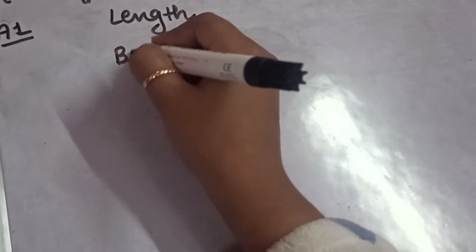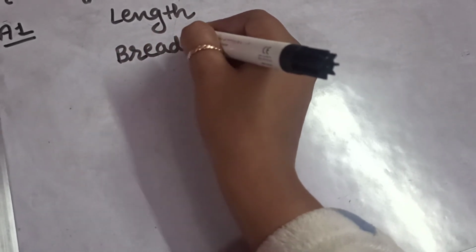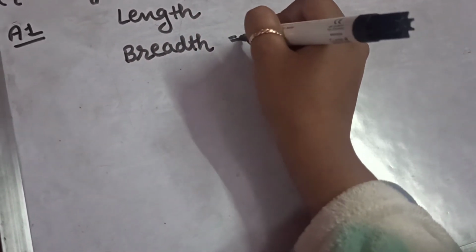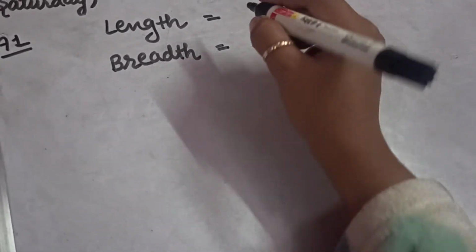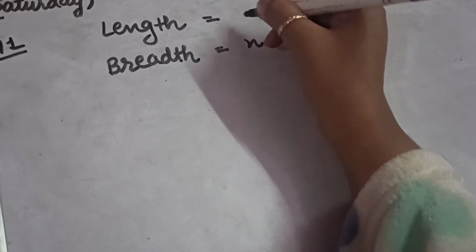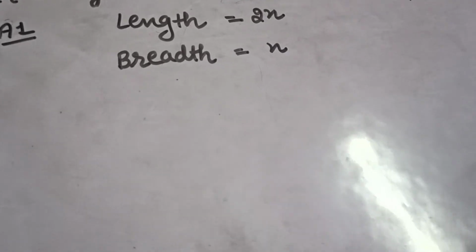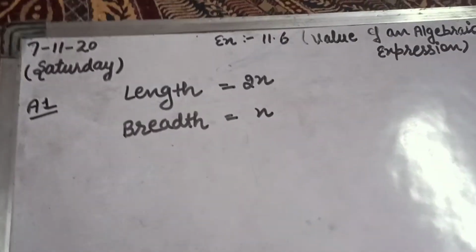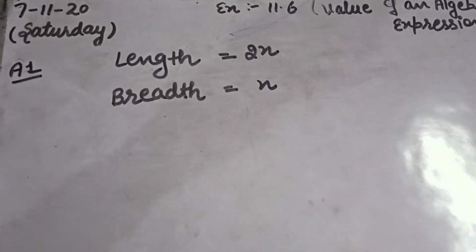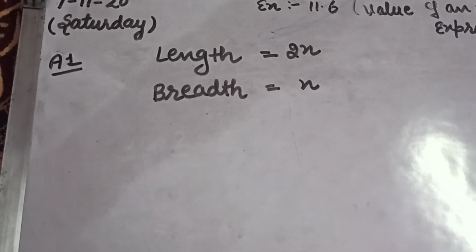So we will write the length of the rectangle is twice of its breadth. So let breadth be x and length be 2x. Twice means 2 times, right? Length of the rectangle is twice its breadth.